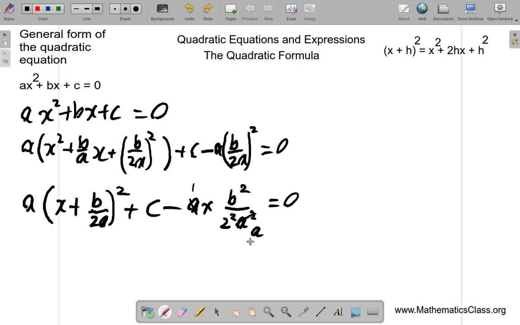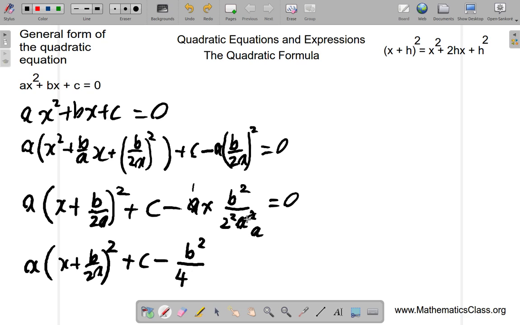So we can simplify it that way. So let's continue down here. We have a times x plus b over 2a squared plus c minus, this a is gone, we have b squared up top, 2 squared is 4, so let's just write 4 here, a, equals 0.